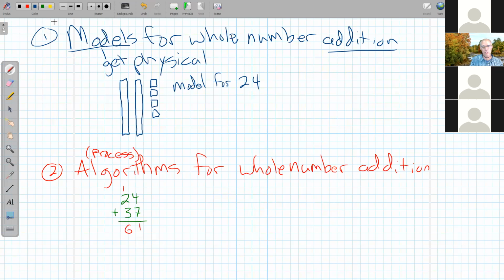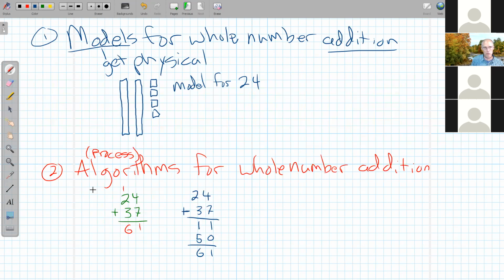I just presented a different algorithm a minute ago. I took 24 plus 37 and I added it in a very different way. I said 4 plus 7 is 11, 20 plus 30 is 50, and then I combined the 11 and the 50 to get 61. Okay, so that's a different algorithm than this one. I think most people grew up doing the green and red algorithm, but some people might have grown up seeing the blue algorithm here.